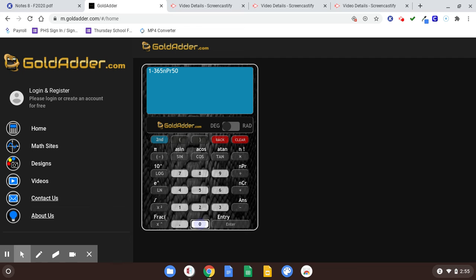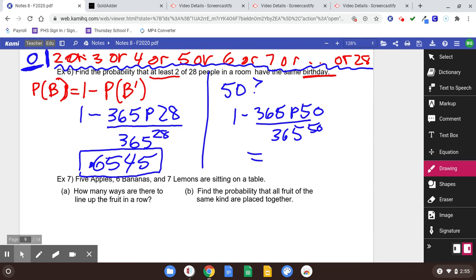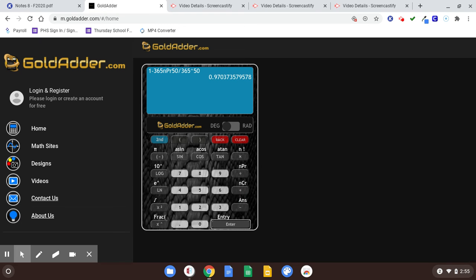What do we do, 50 people? Check it out. With 50 people in a room, there's a 97% chance that two or more people will match. That's really, really high. You would think it would be a lot lower, but with 50 people, that's what you'd get, about 0.9704.